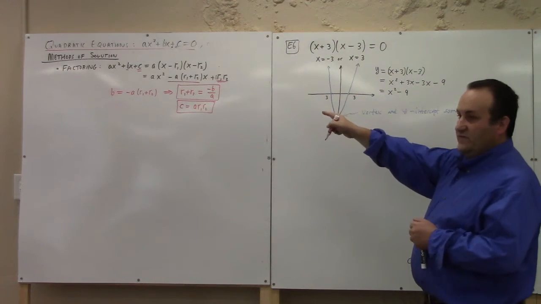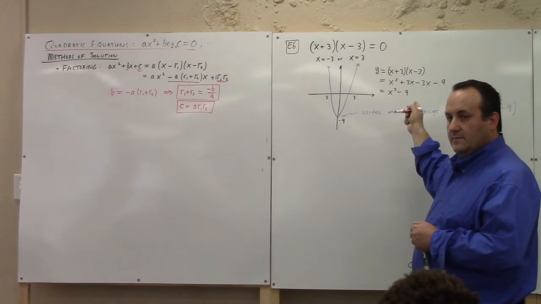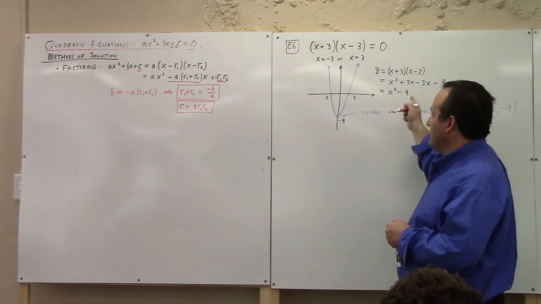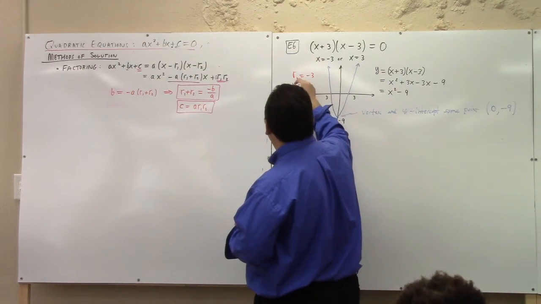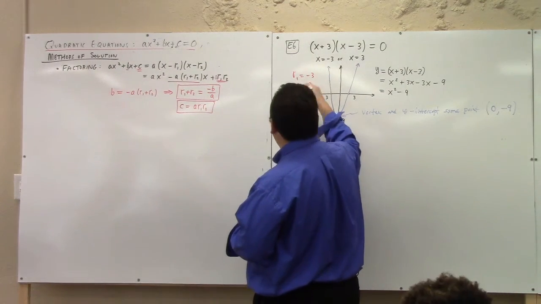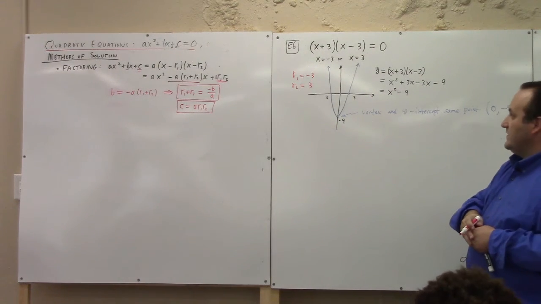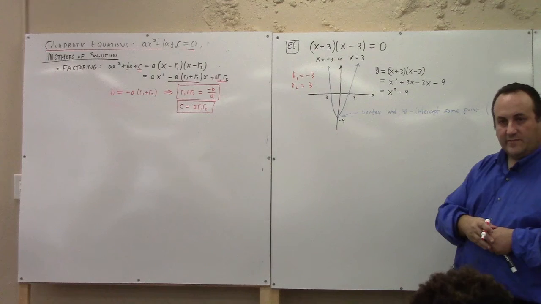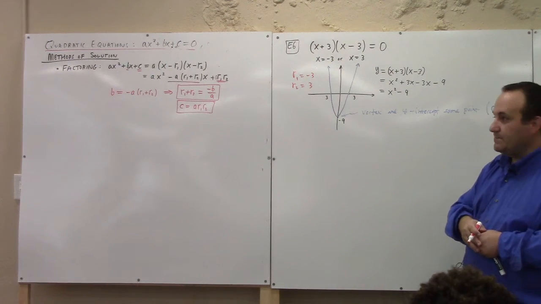So do these formulas check in our example? What's the roots? In this problem, we have r1 is minus 3, and r2 is equal to 3. You could label them whichever way you wanted to, but there it is, right? What is the sum of 3 and minus 3? Well, it's 0, right? Is 0 equal to minus b over a? Well, what's b in this problem?